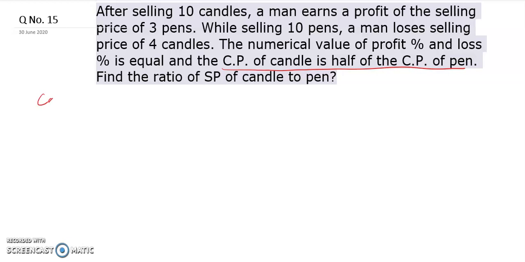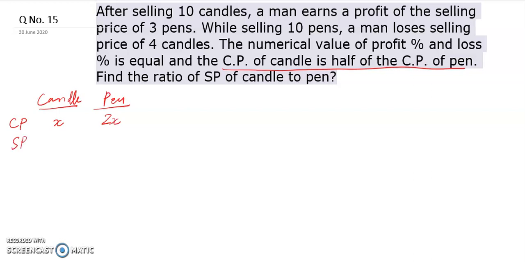So in this question, we have candle and we have pen. It says CP of candle is half of the CP of pen. So if our CP of one candle is X, then CP of one pen will be 2X.